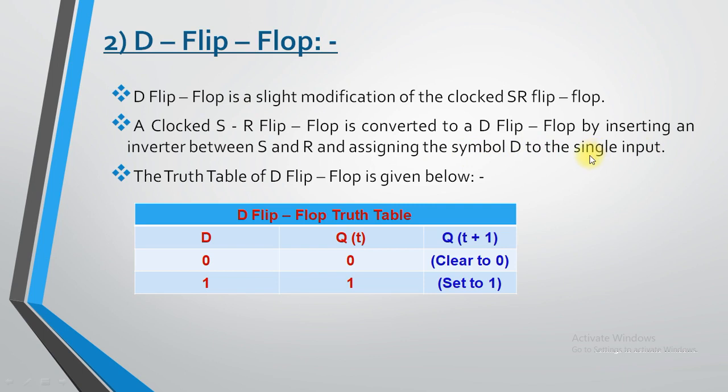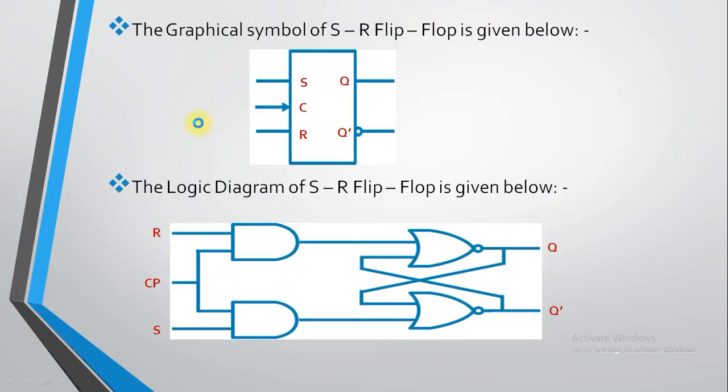So let me show the logical diagram of the SR flip-flop first, and then we will compare it with the D flip-flop, to see what changes have been made inside the D flip-flop. Let us switch to the SR flip-flop logical diagram.